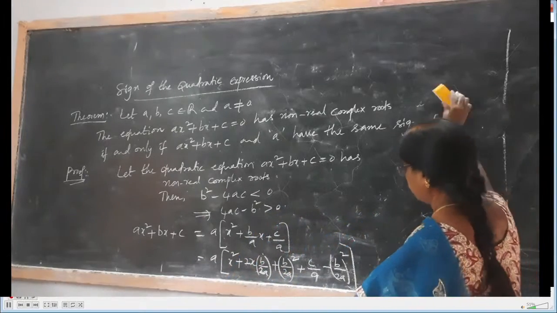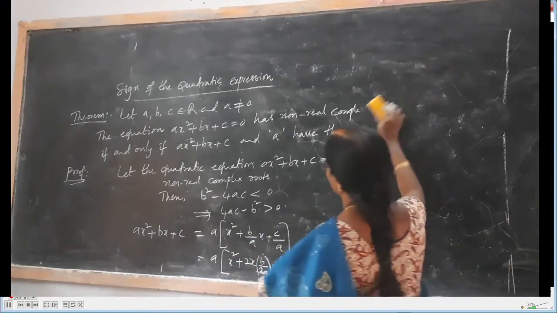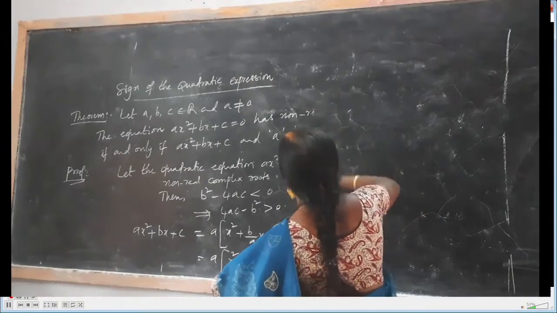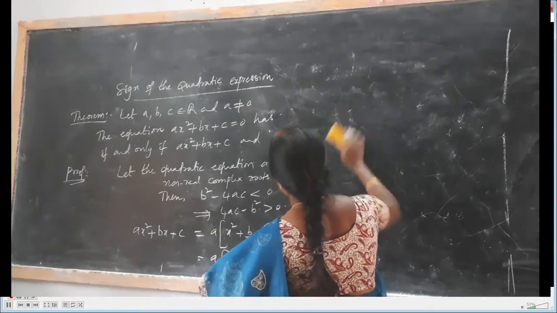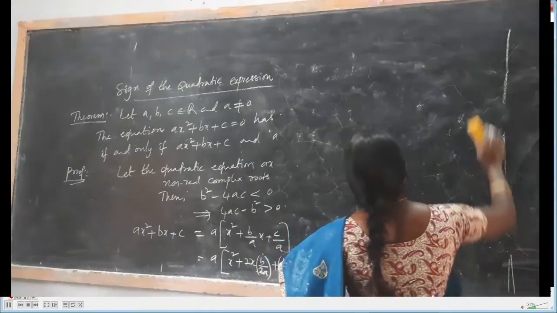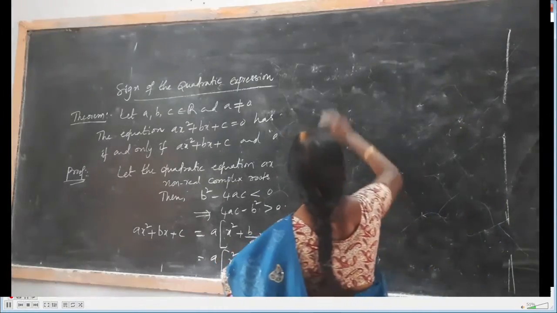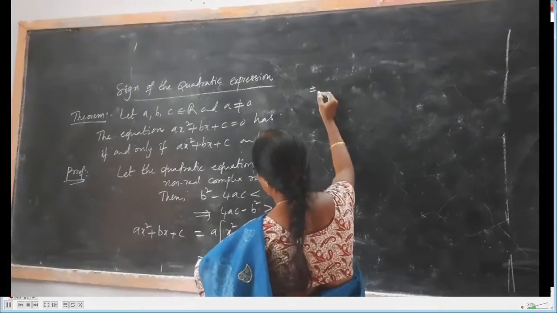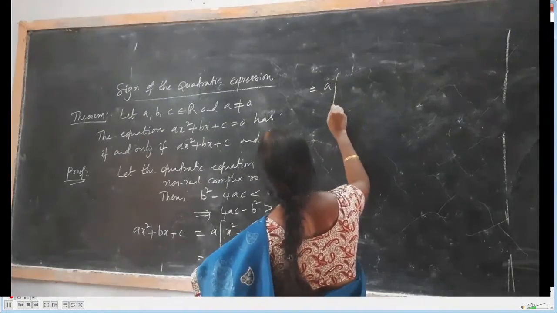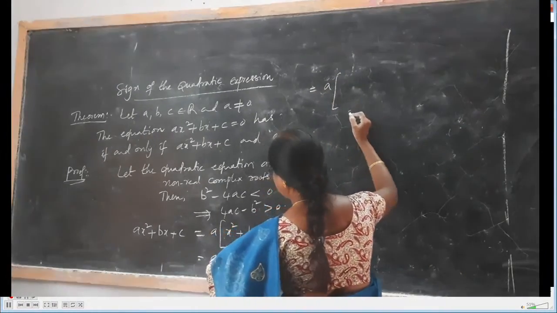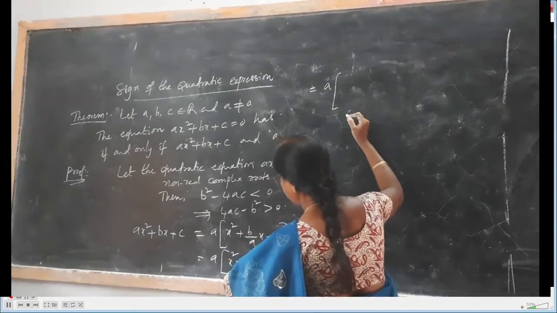Okay, so now I express the things in some other manner. Okay, see, this is equal to a into x square plus 2ab plus b square.